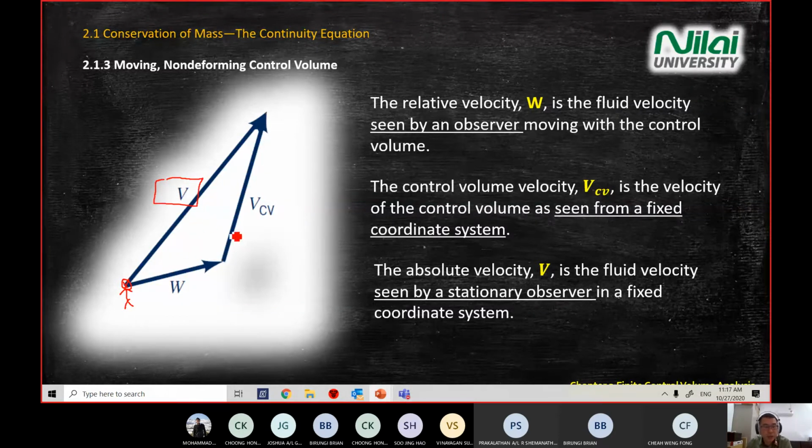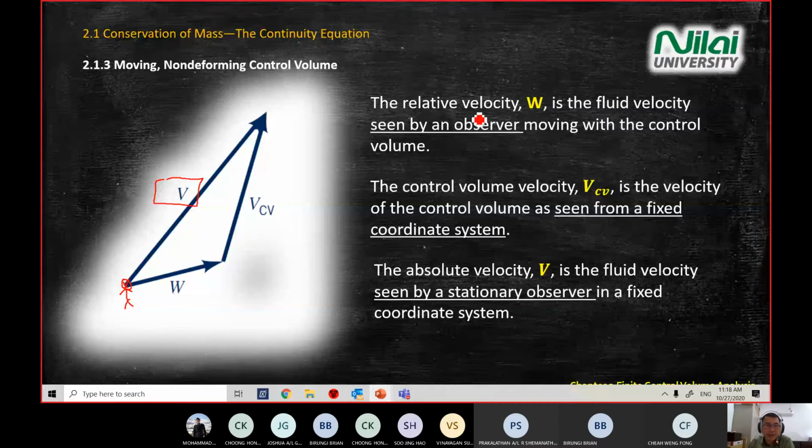Then you break V into two components. One is denoted by W capital, and the other is V control volume, V sub CV. So let's look at what W is. W by definition is the fluid velocity seen by an observer moving with the control volume.